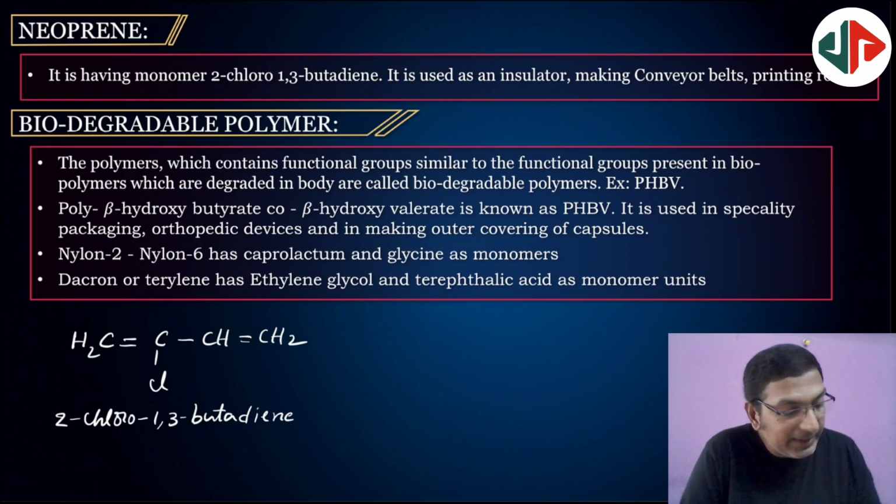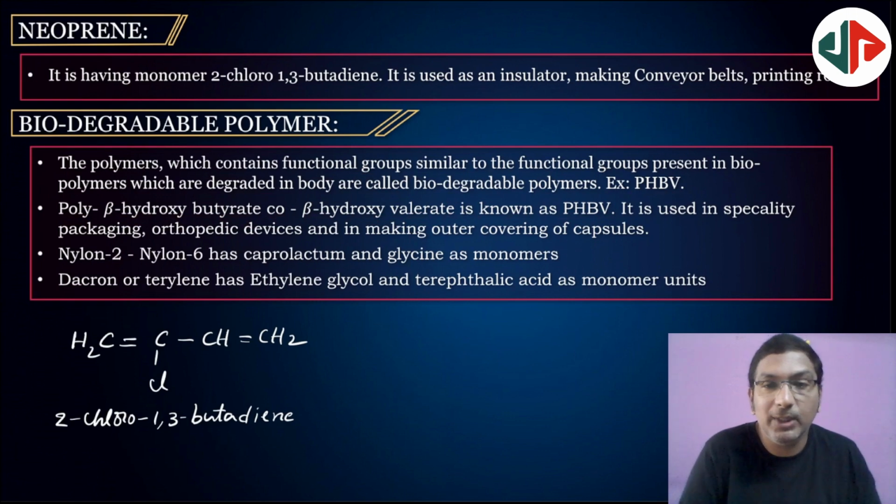Next, biodegradable polymers. That means polymers which contain functional groups similar to the functional groups present in biopolymers and which are degraded in the body are biodegradable polymers. The best example is PHBV: poly beta-hydroxybutyrate co beta-hydroxyvalerate.